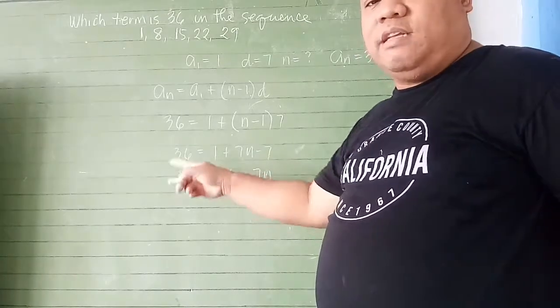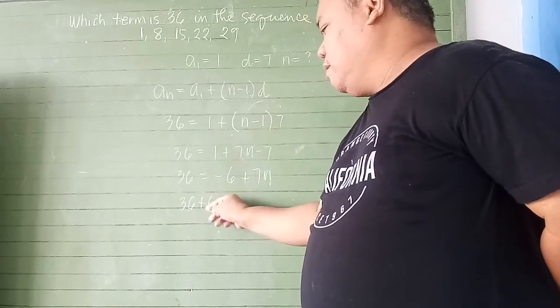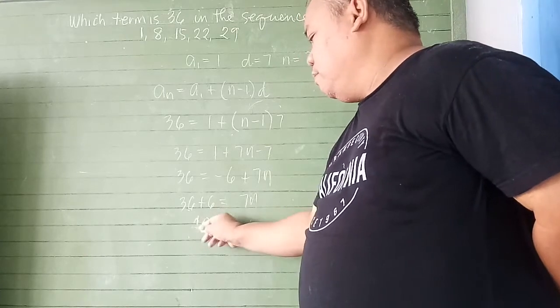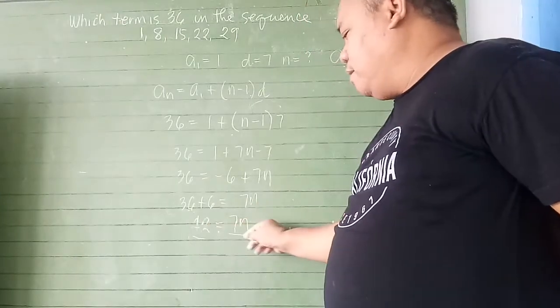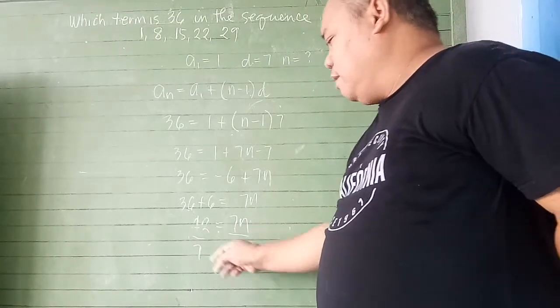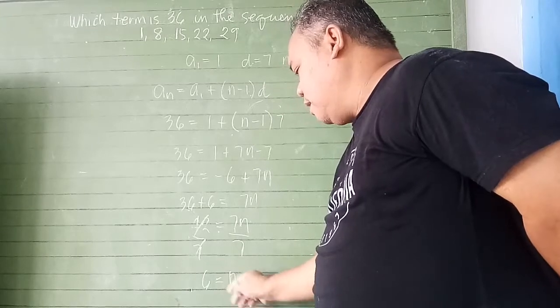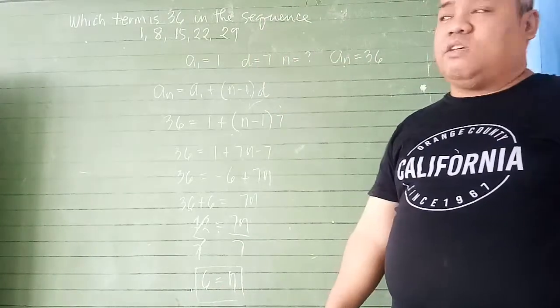Then transpose negative 6 to the other side. So this is 36 plus 6. So this becomes 42 is equals to 7n. Then divide both sides by 7. Yan. So this is 6 and this is n. So therefore, 36 is the 6th term of our sequence.